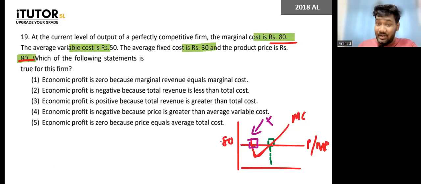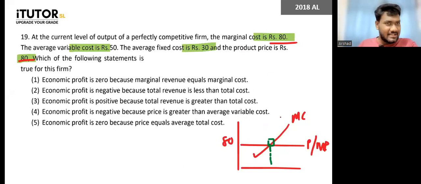Profit maximizing point is when MR equals MC, when MC is rising. Profit maximizing is not just MR equals MC. For our easy purpose, we say MR equals MC. It's MR equals MC when MC is rising. So be very careful with that. So it's this green one only.